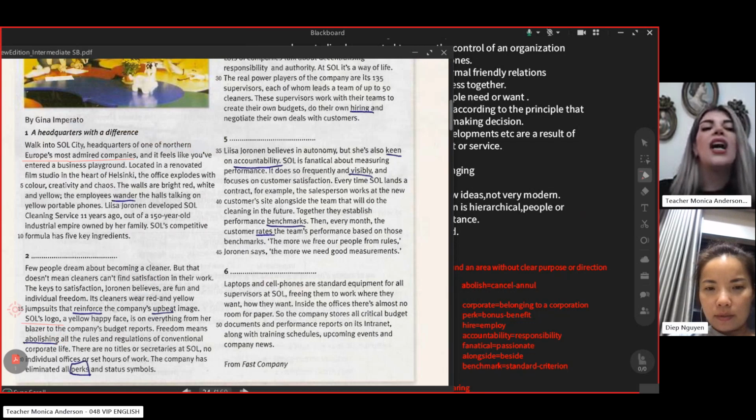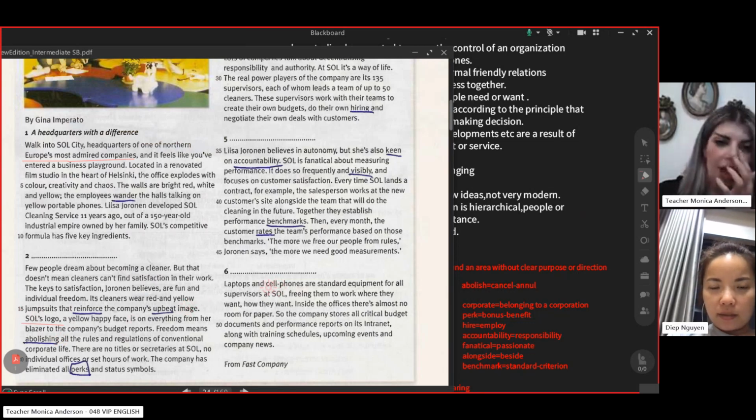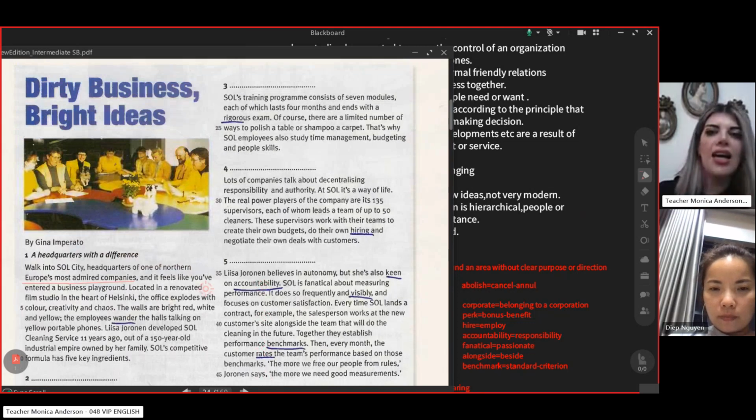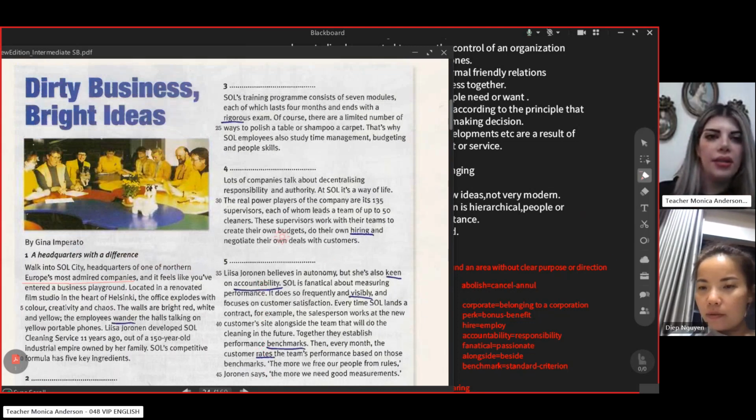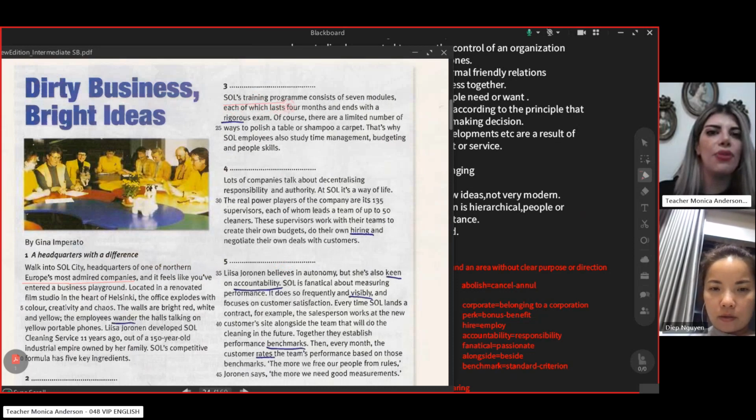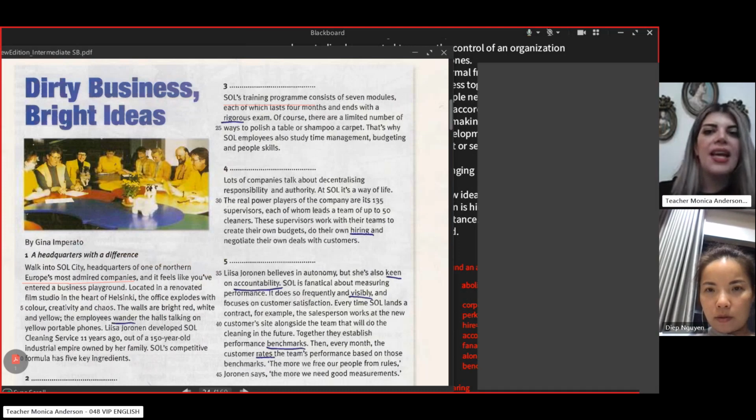Yeah, that's another example. Or like Sowell's training program. This is possessive s.